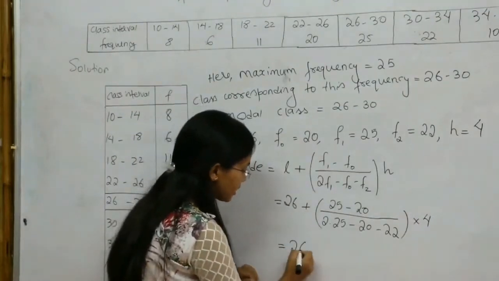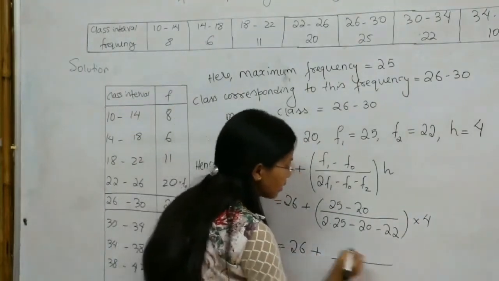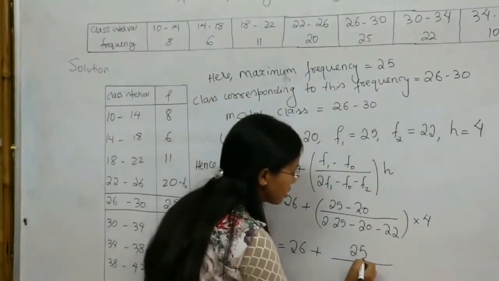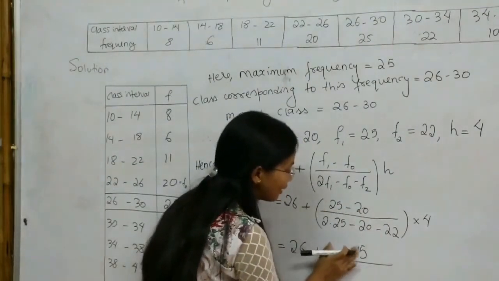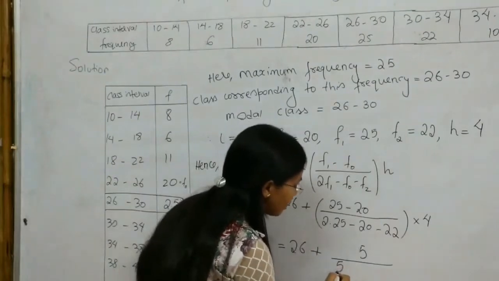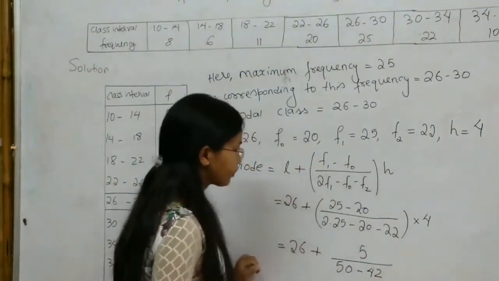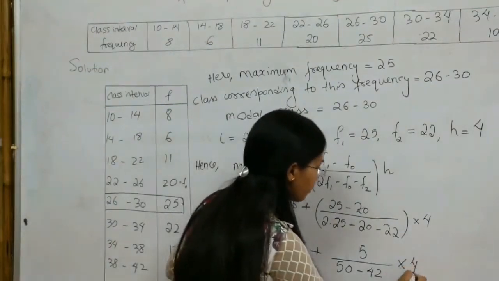So this will be 26 plus, we'll calculate first this one, 25 minus 20 which is 5, and then 2 times 25 is 50 minus 42, into 4.